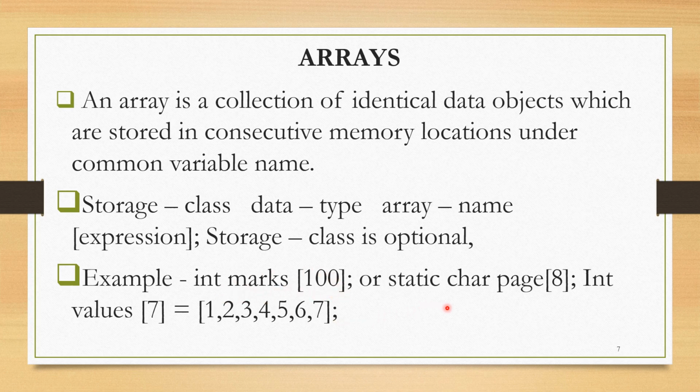Another example is static char name[8], where we have used the storage class. Another example is int value[7]. 7 means it will have consecutive locations 1, 2, 3, 4, 5, 6, 7, that is 7 locations. These are the arrays that we've seen in your data structure discussion also.